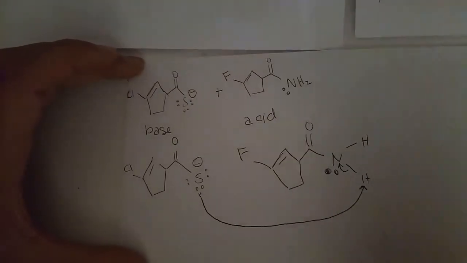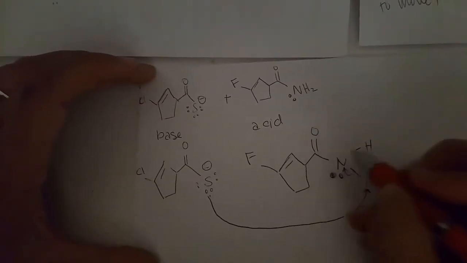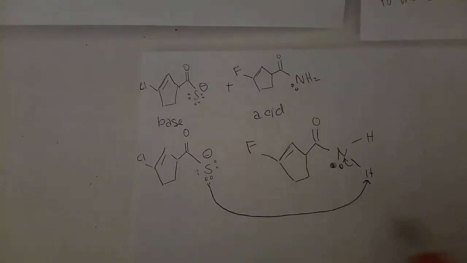And it's the sigma bond that's transferred to the nitrogen that's giving off both electrons. So that's the curved arrow set.